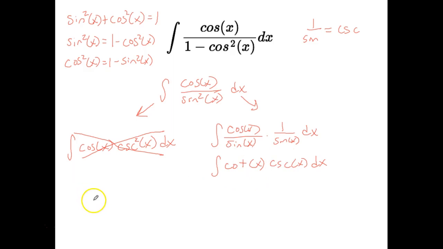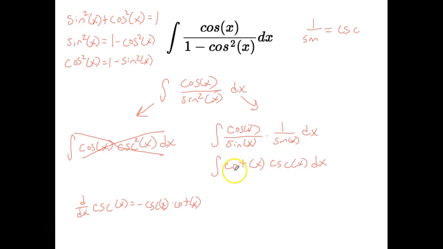Remember, the derivative of cosecant of x is equal to negative cosecant of x times cotangent of x. That's one of the rules you guys know from that PowerPoint if you look at the stuff you have written down.